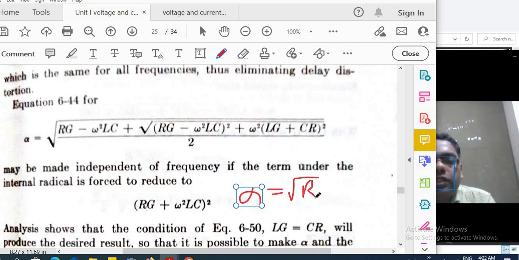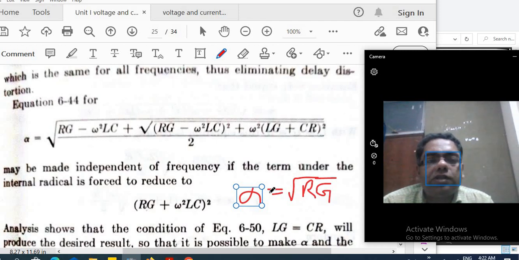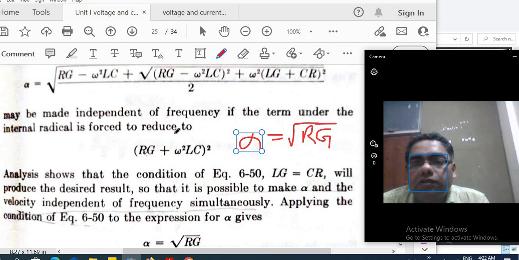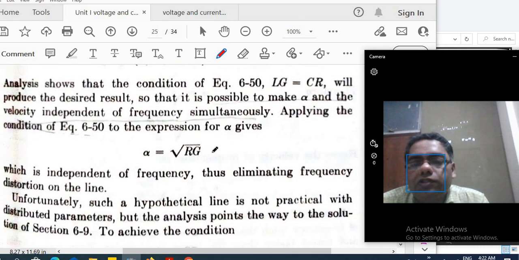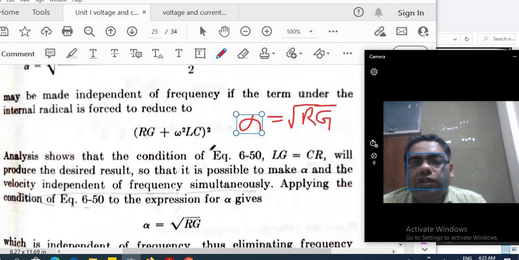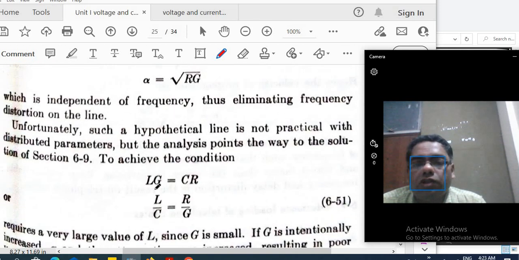Now R and G are generally considered independent of frequency, thus alpha comes out to be independent of frequency. If we solve this condition, making the term inside the second root equal to this, it comes out to be the same condition that we got for phase distortion.